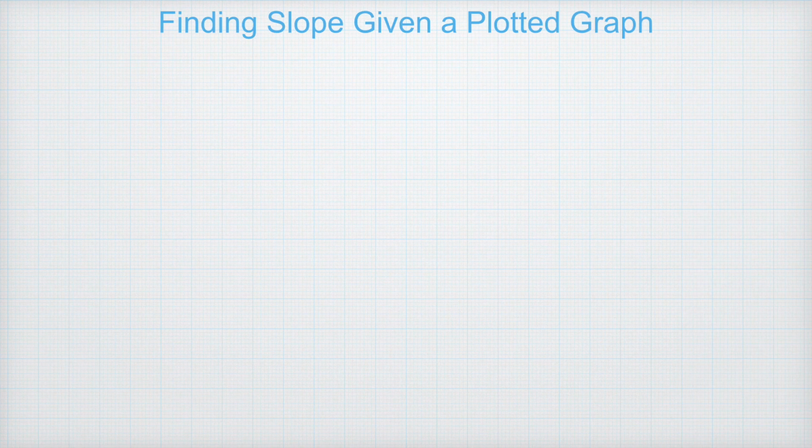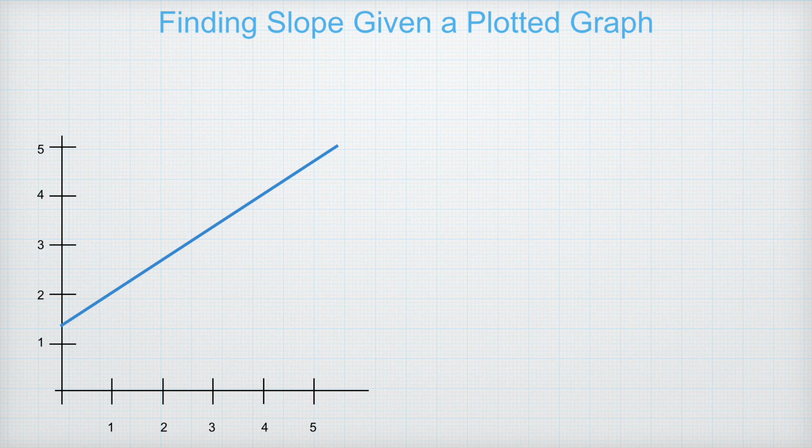If we are given a graph with the line plotted, we can use the formula slope is equal to rise over run. In order to use this formula, we must construct a right-angled triangle with the plotted line as the hypotenuse. Start by picking 2 points on the line whose coordinates can be easily read.